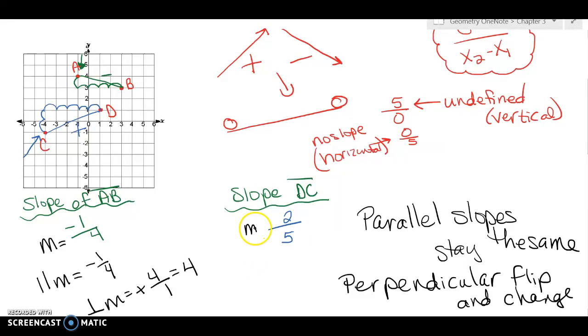And then here, that's my original slope. Parallel slopes stay the same, so it'll stay 2/5. Perpendicular, I flip it and I change it. Now, since it was positive, that means it becomes negative. And so that's how you find slopes, parallel and perpendicular, when you know one of the slopes.